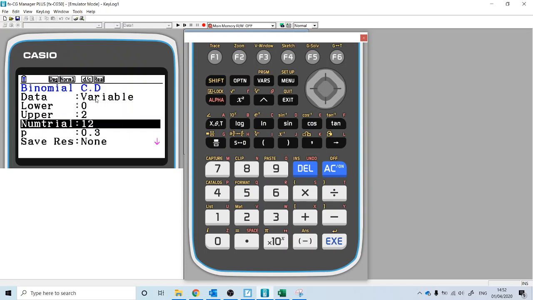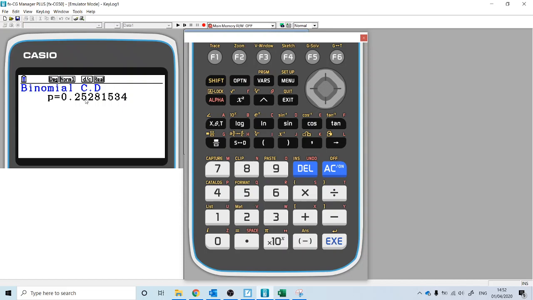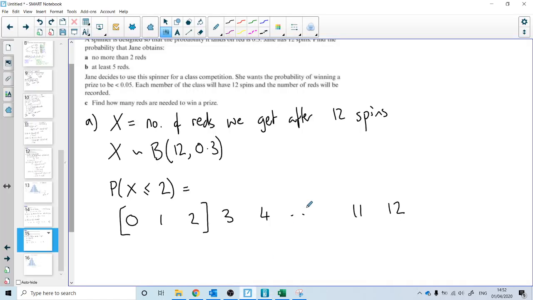So that's going to add together the probability of X being 0, the probability of X being 1, and the probability of X being 2. And the number of trials is 12, and the probability of success, probability of red on each trial, is 0.3. So we get 0.253. And we normally round to 3 sig fig in stats.